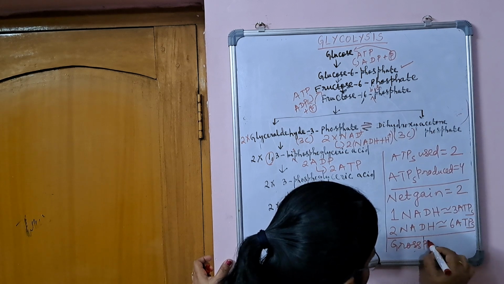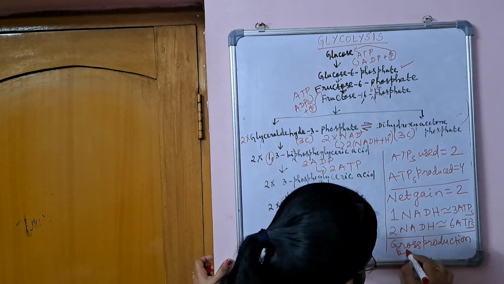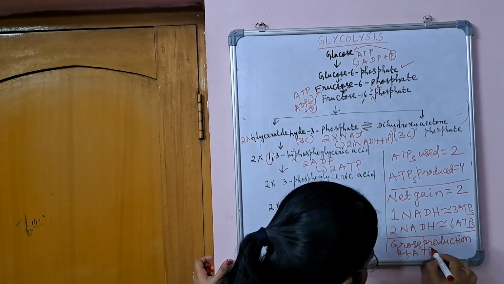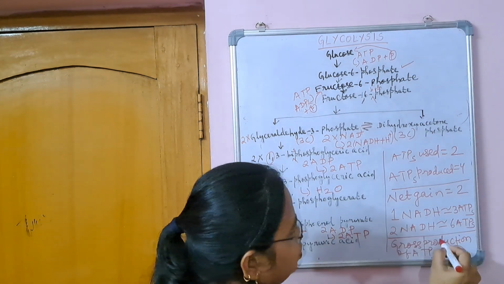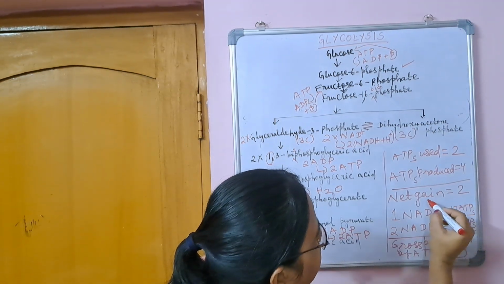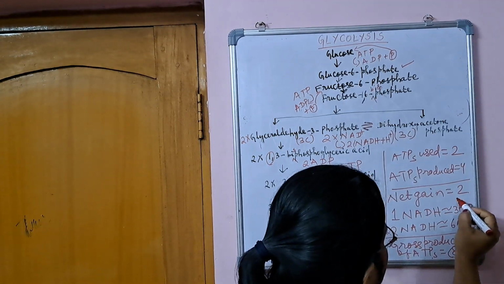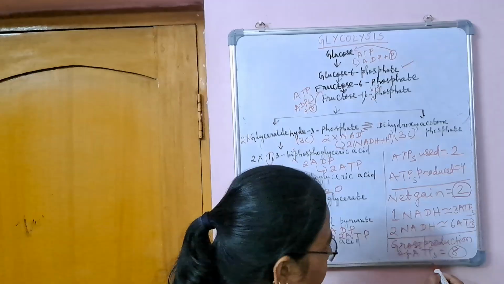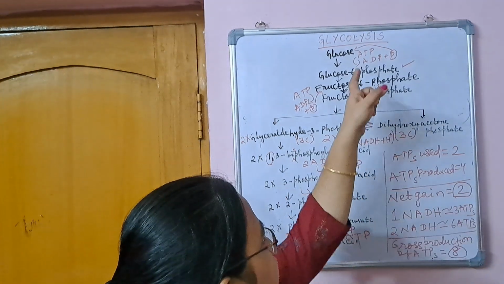The gross production of ATP in glycolysis is equal to 8. So the net gain of ATP is 2, and the gross production, the total production, is 8 during glycolysis.